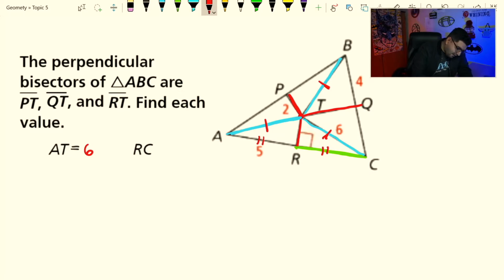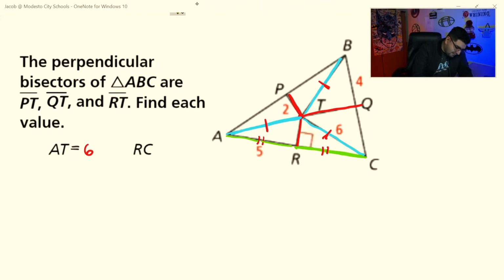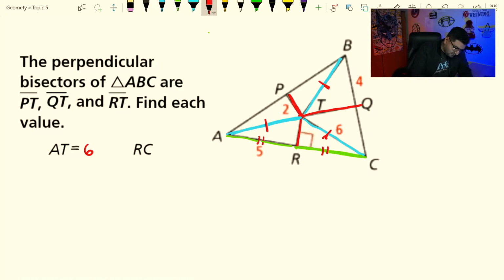So AR is the same distance as RC. If AR is 5, that means RC also has to be 5. Sorry, I said 6, I meant 5. This question wasn't too bad at all. Alright, let's go ahead and look at another one.